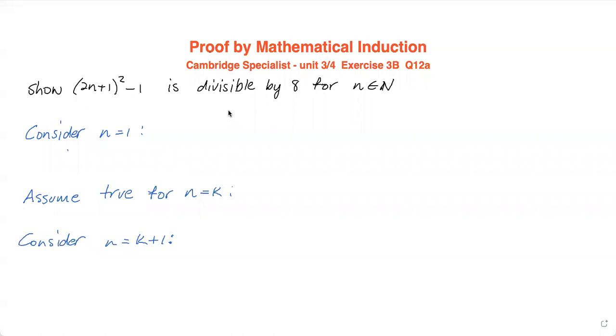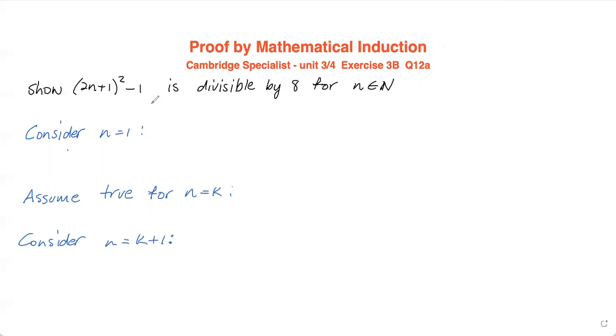What we need to do is show that (2n+1)² − 1 is divisible by 8 for all n elements of natural numbers. So what we want to do first is spell that out in a more precise statement that is easier to prove.